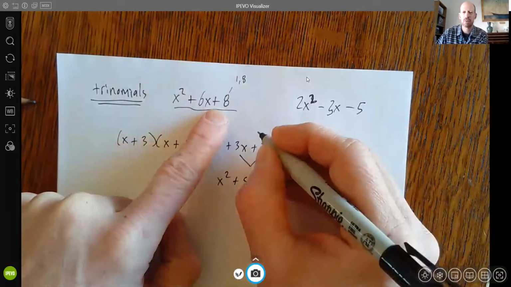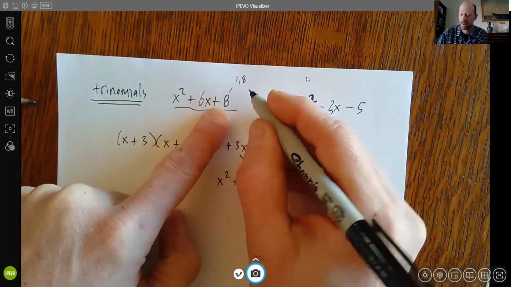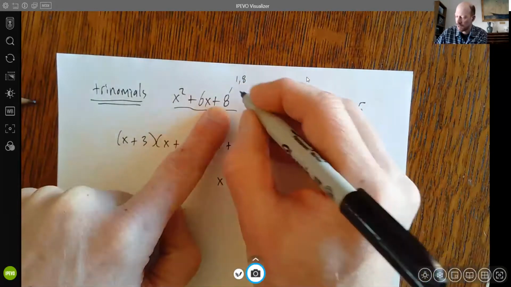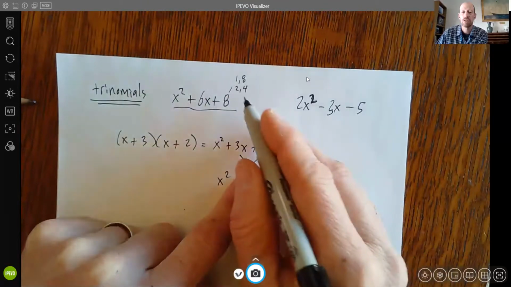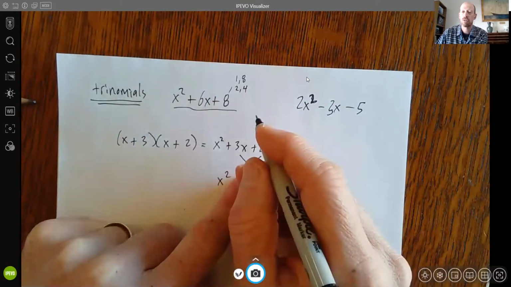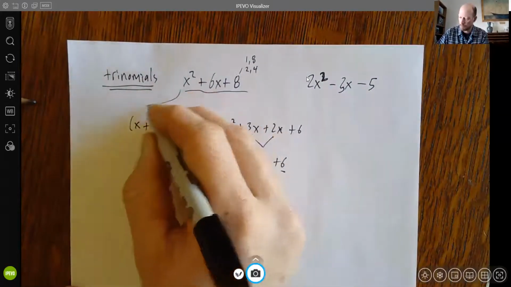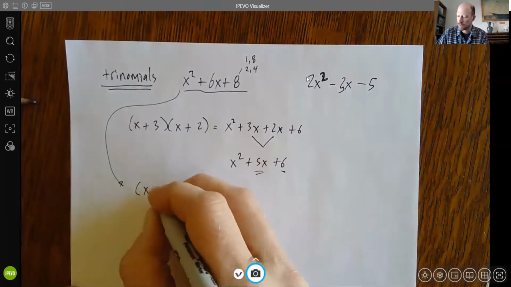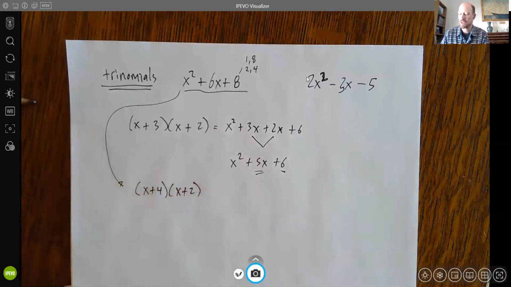If you haven't figured out those numbers, a nice little strategy is to write down what numbers could multiply to give me 8. 1 and 8 is one option. That doesn't work because that's not going to add up to 6. But you could also get 8 from 2 times 4, and 2 and 4 would add up to 6. So I think I might have found it: x plus 4 times x plus 2.